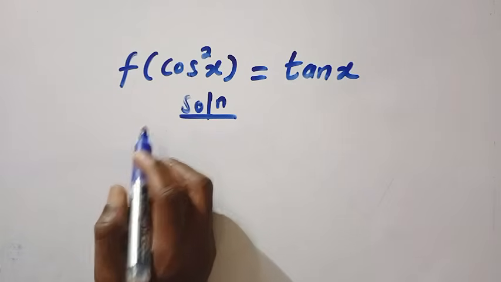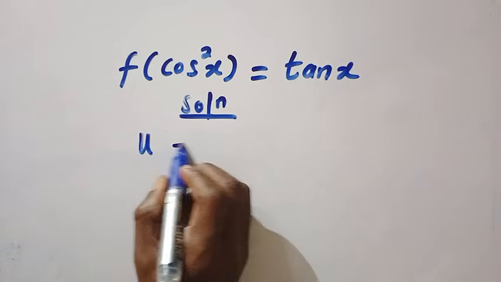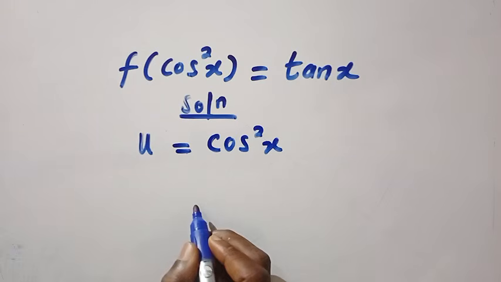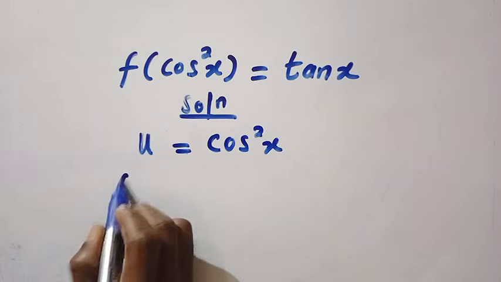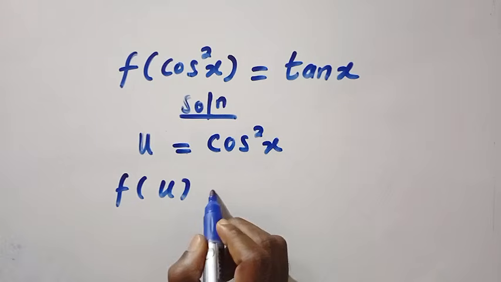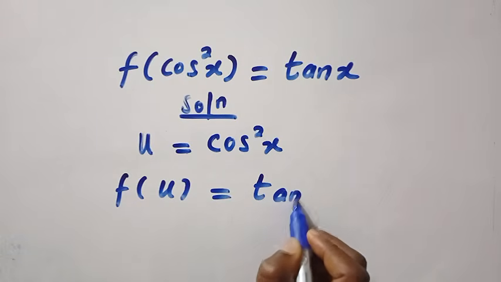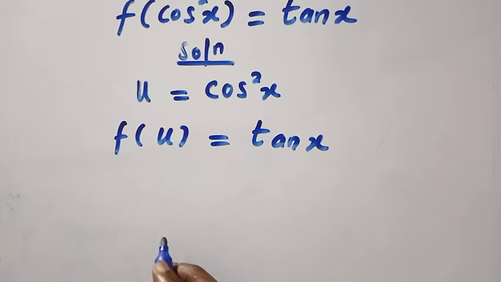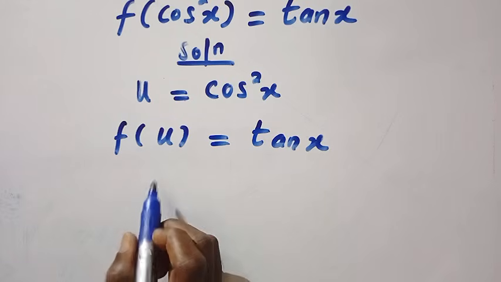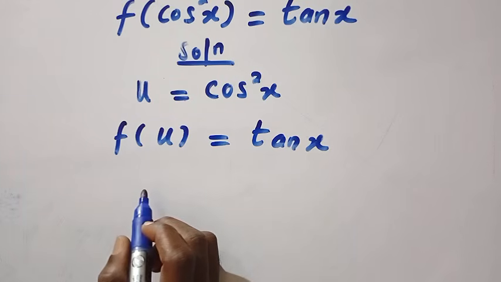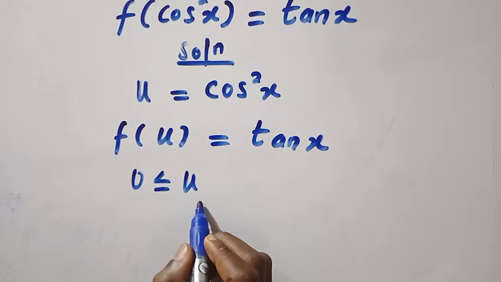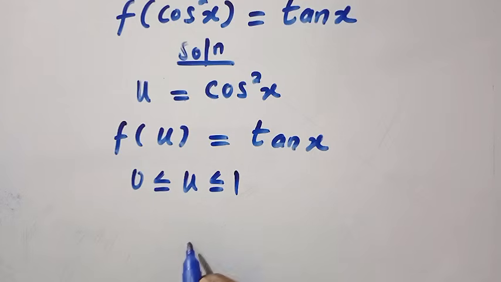In the first step, I let u equal cos squared x, and we replace this so that f of u equals tan x. But we have to note the domain of u, given f of u equals tan x: it ranges from 0 less than or equal to u, and u less than or equal to 1.